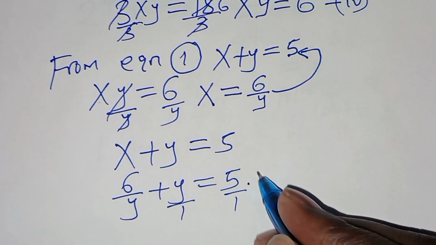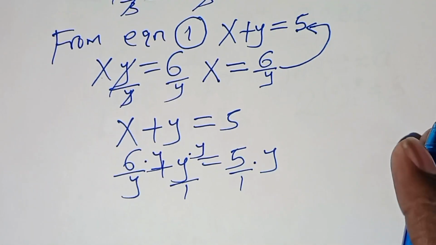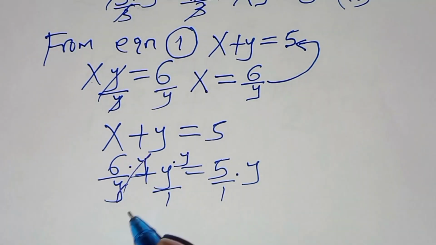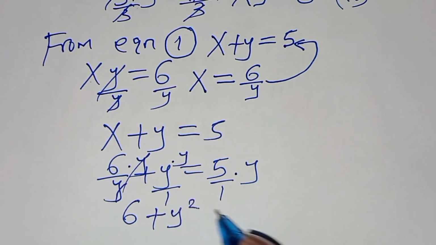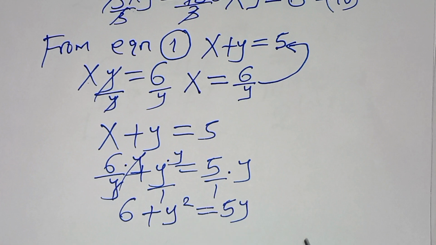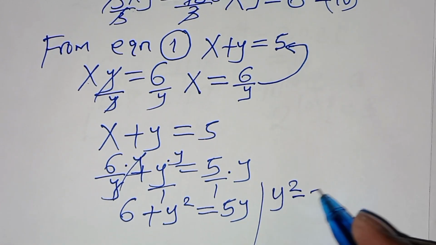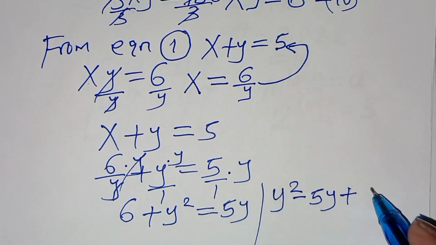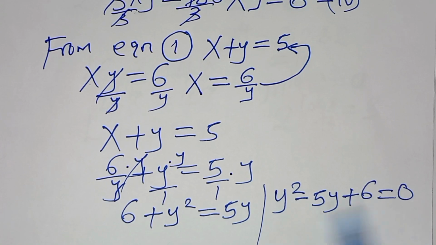Let's multiply everything by y. So that now we have 6 plus y times y, which is y squared, equal to 5y. So we form a quadratic equation, y squared subtract 5y plus 6 equal to 0. So let's proceed to solve this quadratic equation.